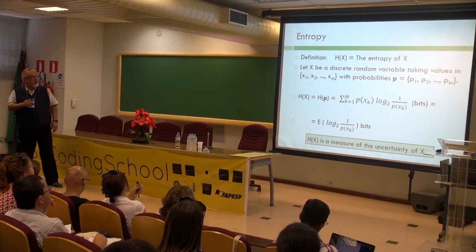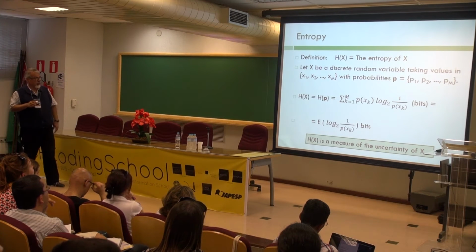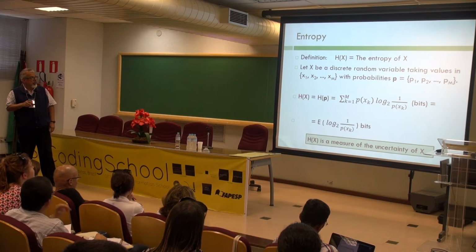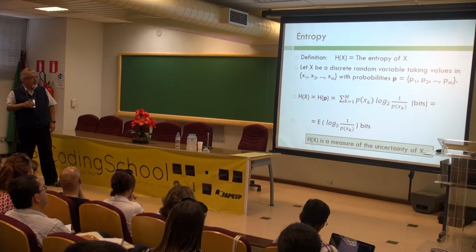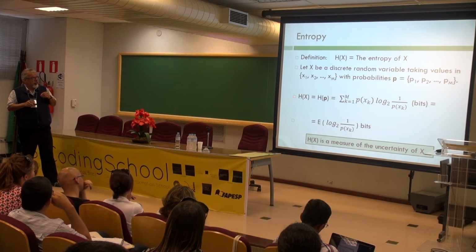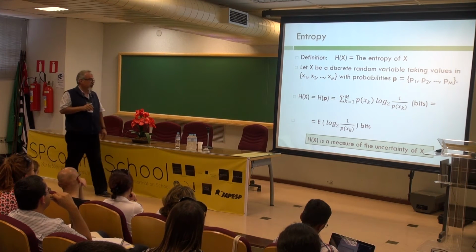What really matters is the probability with which these values are assumed by the random variable. So, even though H of X is a more common notation, it would perhaps be more appropriate to consider this one. In any case, there are some advantages in using this one here, because you'll see it's easier to manipulate expressions and so forth.